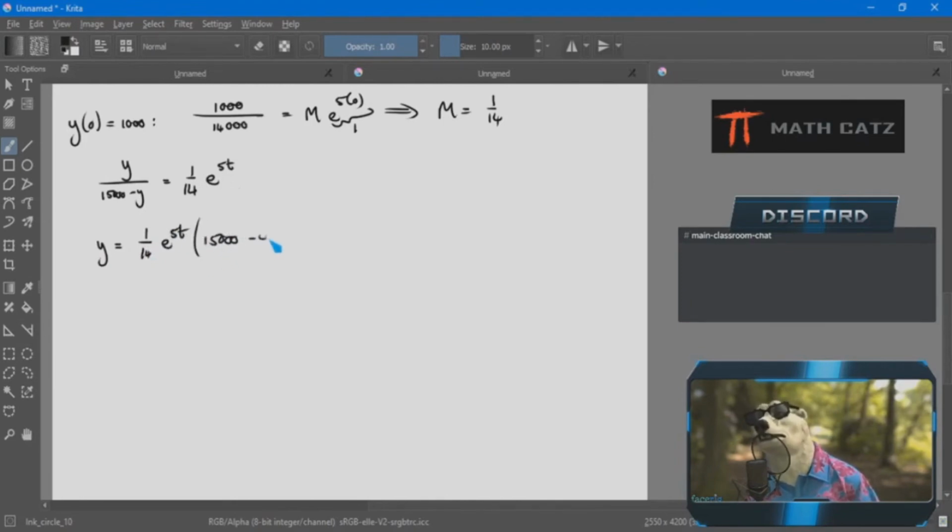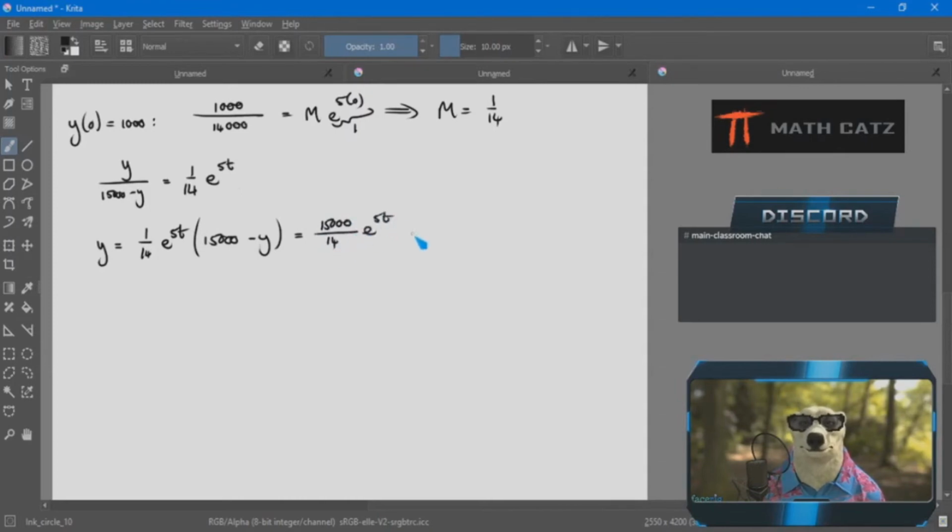And if you want to use it later on, go right ahead. But a formula too fast promotes a lack of understanding. So I multiply both sides by 15,000 minus y. Then I can multiply that in. So I have 15,000. I'm going to leave it like this.